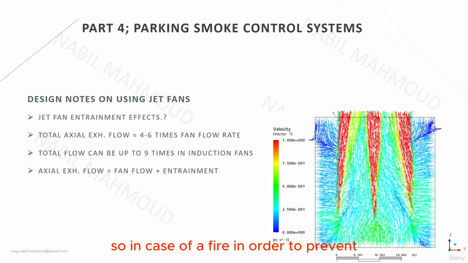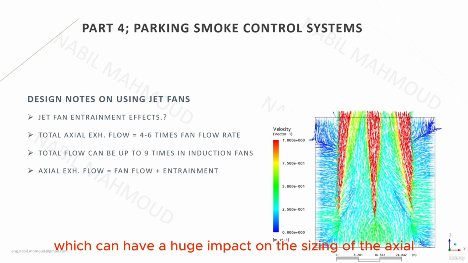So in case of a fire, in order to prevent the accumulation of the entrained air, you need to account for the entrainment effect and its effect on the sizing of the axial fan at the end of the parking. And sometimes, on some rare occasions, if the entrainment effect is not considered, the total flow of the axial fans can be up to 9 times in the case of the induction fans, which can have a huge impact on the sizing of the axial fans.